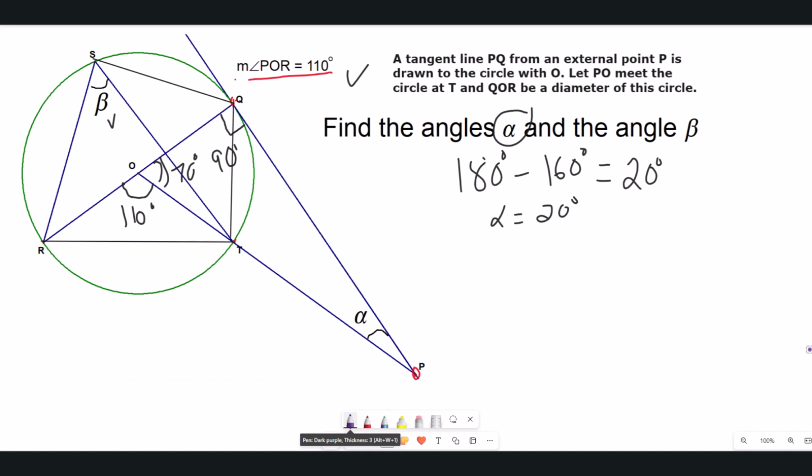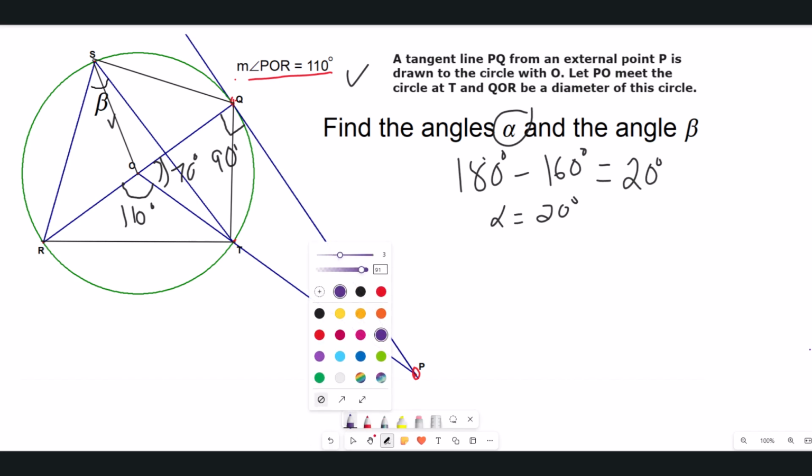So let's see how many properties we got. We got this, and there's one more thing that I forgot to make. Okay, you had suggested this. I'm just rewriting this for you. So right here, we can join these two. So we got a bunch of isosceles triangles and right triangles and everything. So let's go ahead and get back to work.